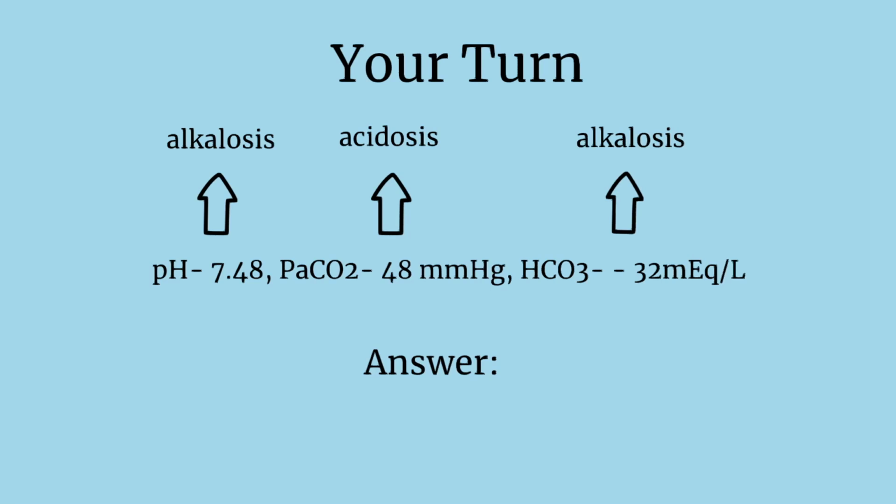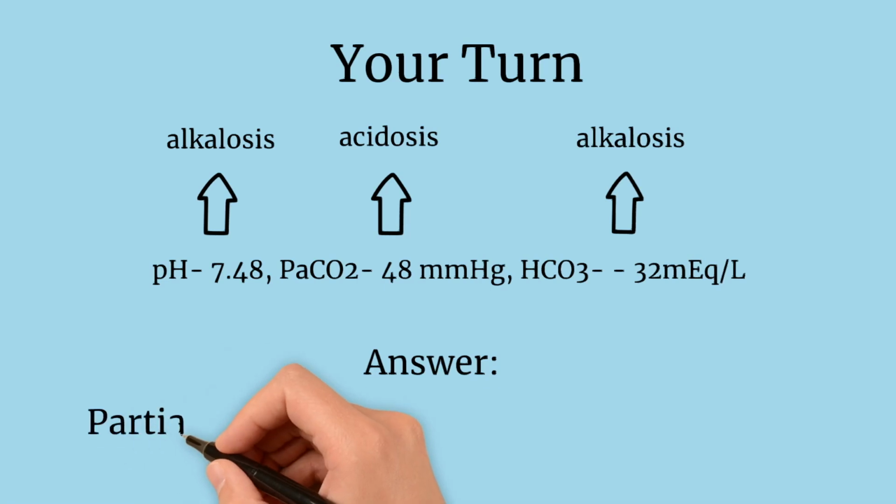However, our PaCO2 is trying to correct the primary disturbance that's caused by our bicarb. So with our PaCO2, we're retaining CO2, trying to create a more acidotic environment to balance that alkalosis by the bicarb. So our final answer: partially compensated metabolic alkalosis.